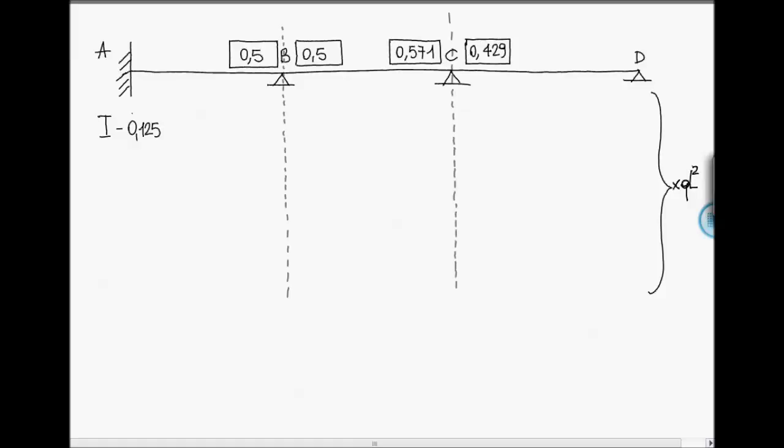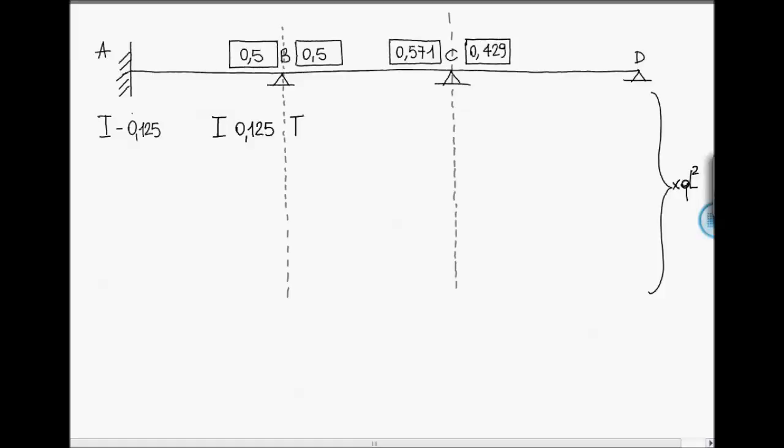So we have a first bending moment equal to minus 0.125 on node A. On node B, on the left, a positive bending moment equal to 0.125, which is the QL squared over 8 found before.